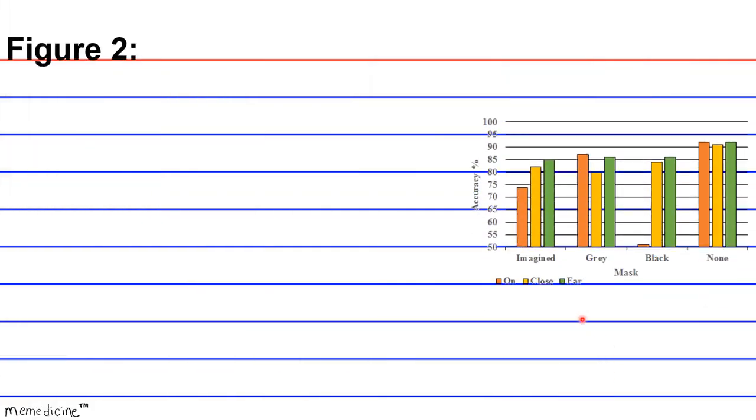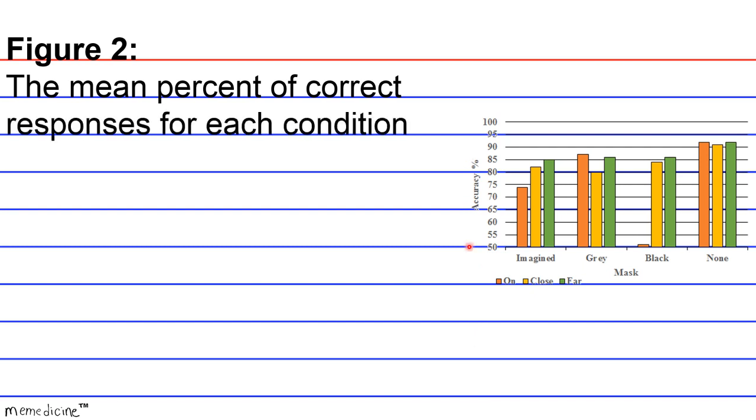So figure 2, it may be a little hard to see this. It's displaying the mean, the average percent of correct responses for each condition. So, as we look, seems to be there's like a higher overall percentage of correctness for far lines.